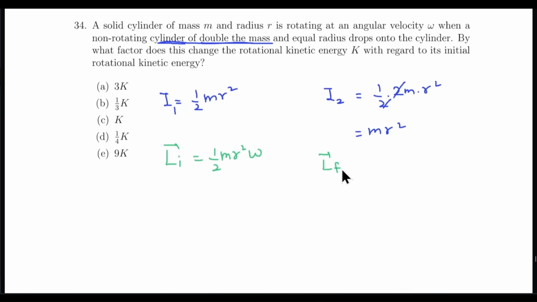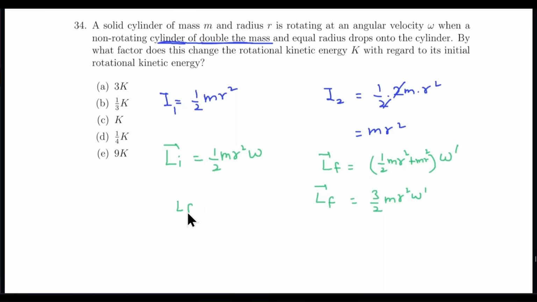And final angular momentum is given by I omega, but I should be for both, right? Because they both are moving together now. So half mr square plus mr square and then omega, let's call it omega dash, that we do not know. So this will become 3 over 2 mr square omega dash, that is the L final. Obviously, these two should be equal because the angular momentum is conserved.